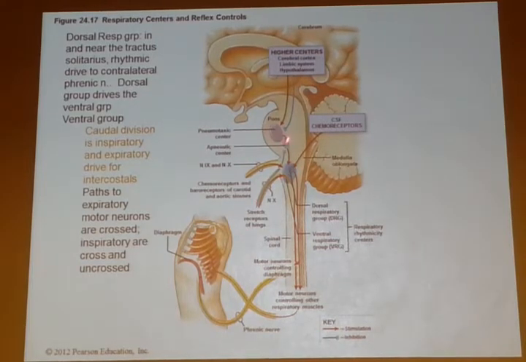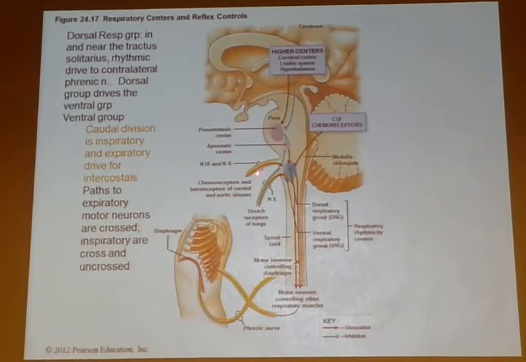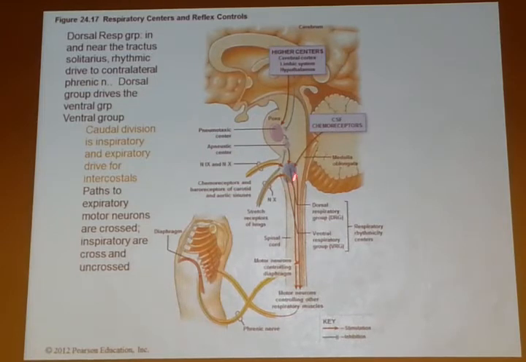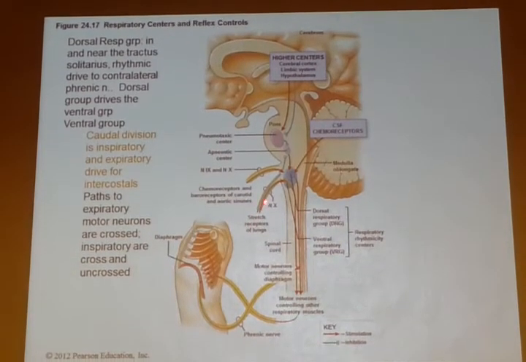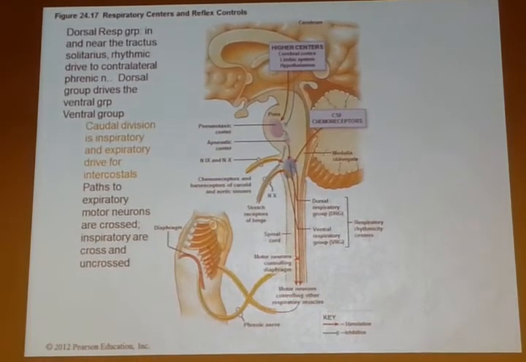We've also got feedback coming via your vagus nerve and glossopharyngeal nerve. Glossopharyngeal nerve and vagus, they're excitatory to the respiratory rhythmicity center. But the vagus nerve is also inhibitory to this apneustic center.